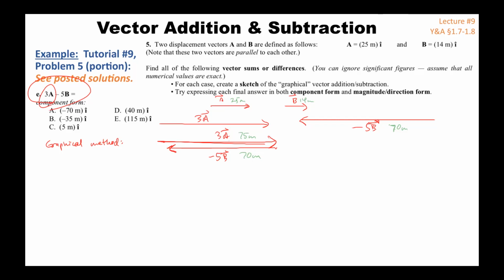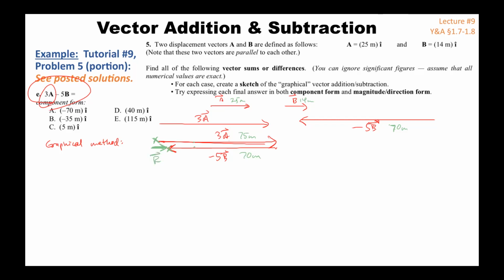I go from the start of the 3A vector to the very end of the negative 5B vector. So it looks exactly like that. Remember, this space between the two vectors is just for clarity on the page. It doesn't actually exist. So 3A is exactly to the right, negative 5B is exactly to the left, so the resultant is going to be exactly to the right.